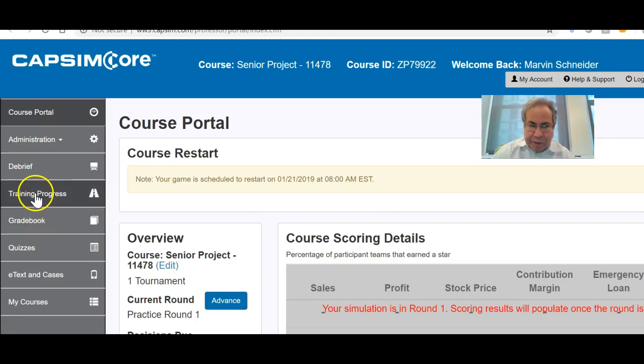But it's very important to go through all the training, and then after you go through all the training, make sure that you take the quiz. It's very important to take the quiz, and then you can rest assured that you've done the proper training to understand about this CAPSIM. So training and then the quiz.